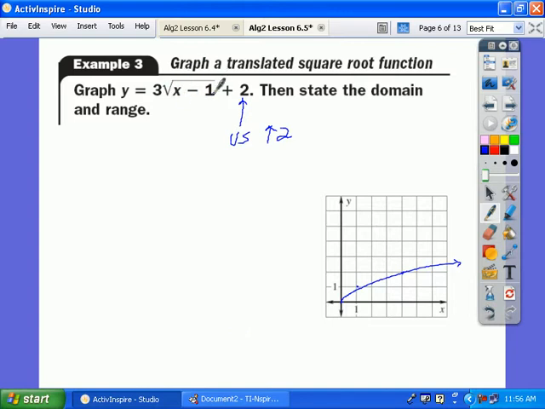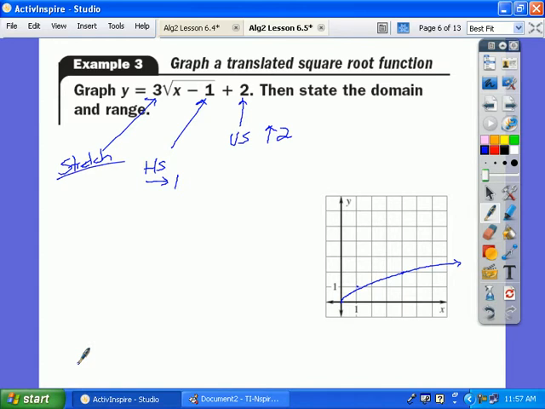And remember, horizontal shifts go the opposite direction you expect, so this will go to the right 1 unit. What's the 3 going to do? The 3 is going to be a stretch factor. Usually we just kind of pencil that in. We play that a little bit by hand. We fudge this one. This one's the least important out of all of them.